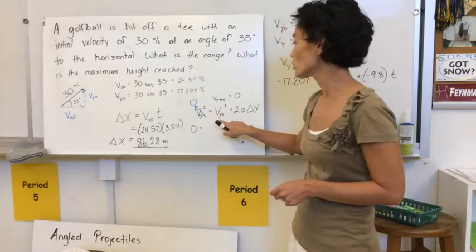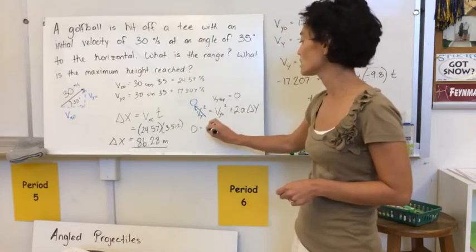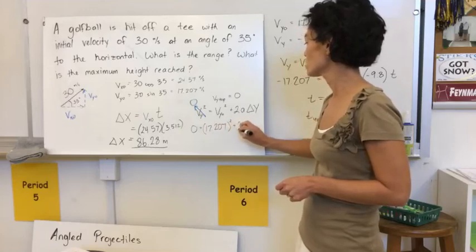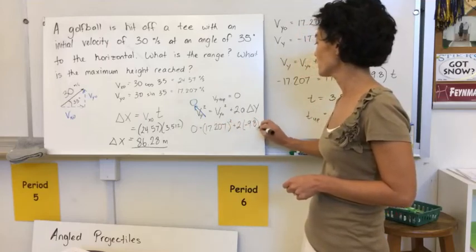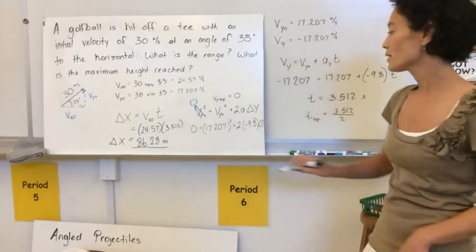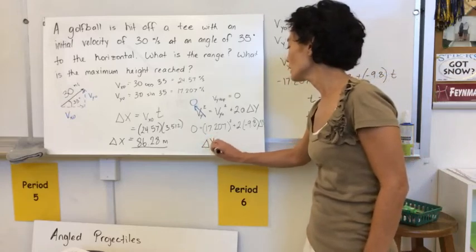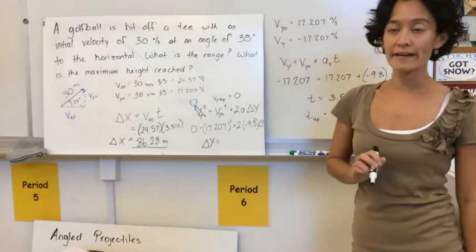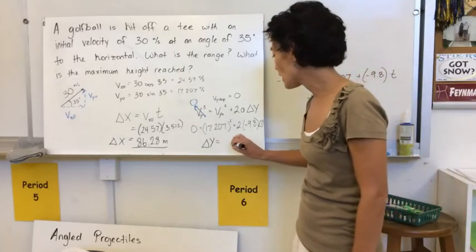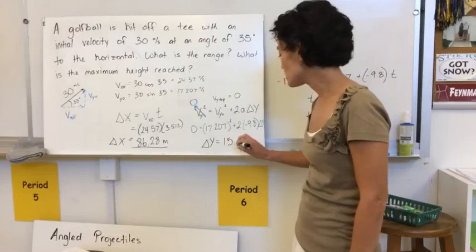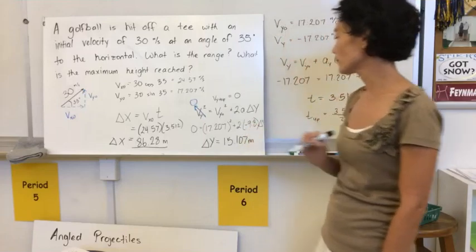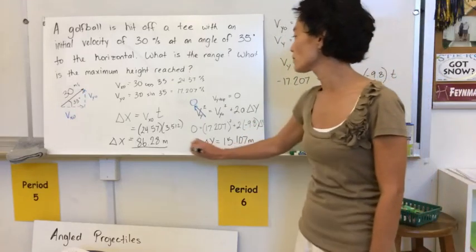So 0 is going to be equal to Vy naught squared, so 17.207 squared, plus 2 times negative 9.8 times delta y. So go ahead and solve for delta y. Let's see what you get. And you should have gotten a delta y of 15.107. And we will definitely do more examples of this in class.